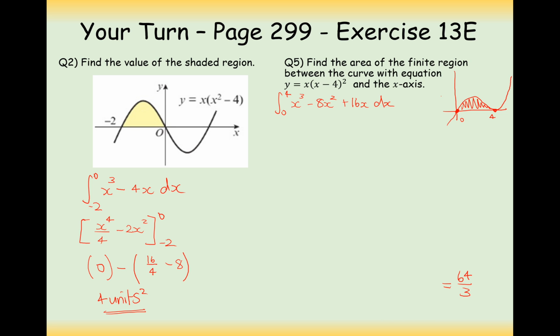So let's take that away and have a go at it ourselves. So integrating the curve, it's x to the 4 over 4 minus, to increase the power by 1, divide by the new power, so that's going to be 8x cubed over 3 plus 8x squared. Now, I didn't mention earlier, what happens to the plus c that we were using earlier?